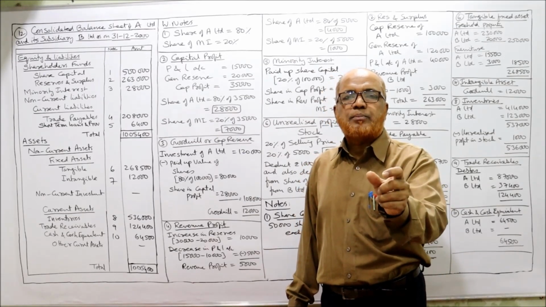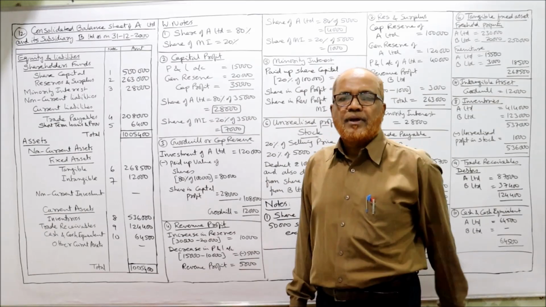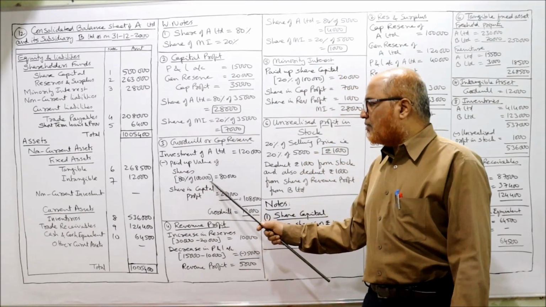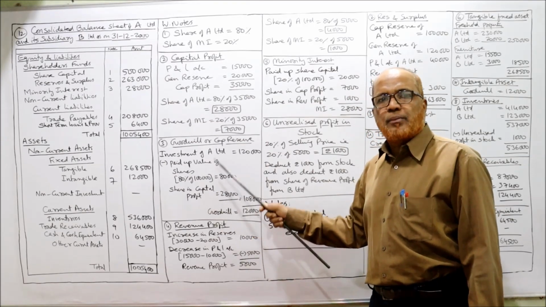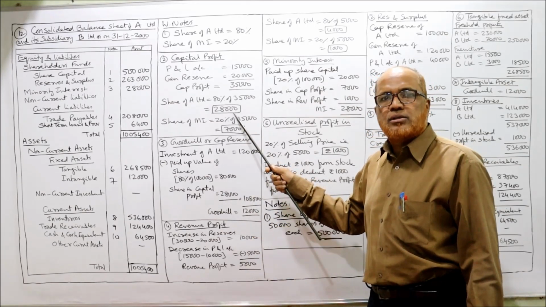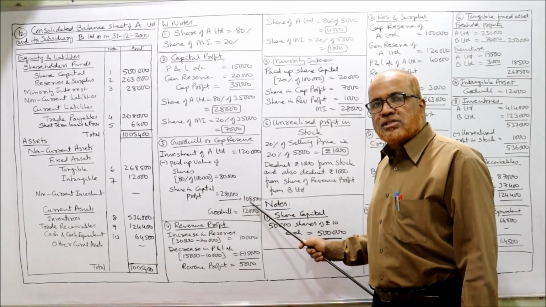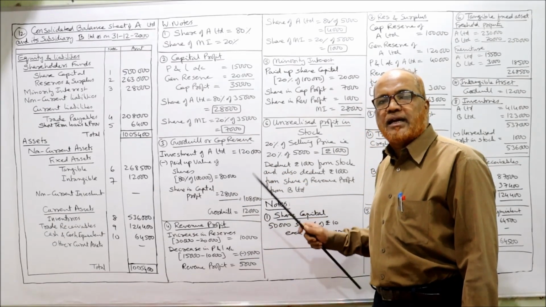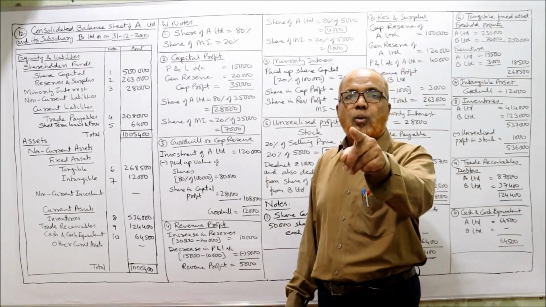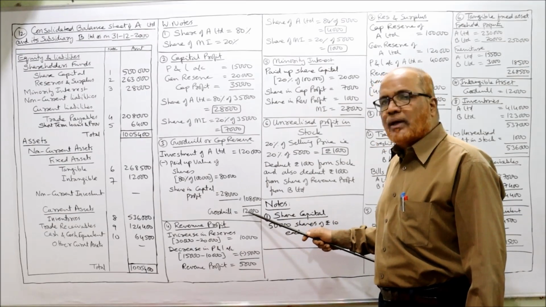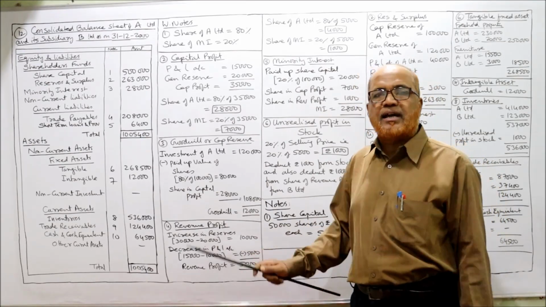The total equity share capital of B Limited is 1 lakh, so 80% of 1 lakh is 80,000. Share in capital profit, just now we have calculated, 28,000. So total 1 lakh 8,000. Subtract: 120 minus 108, 12,000 rupees is the goodwill because it is a positive value. That's why we are taking goodwill.